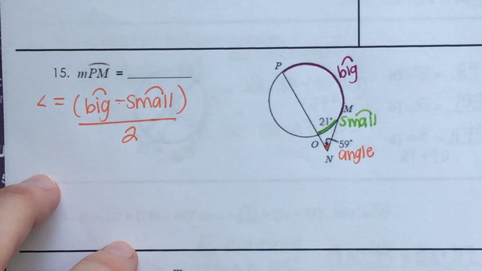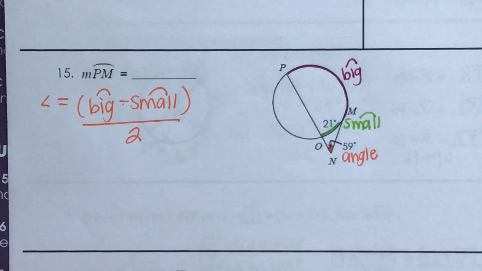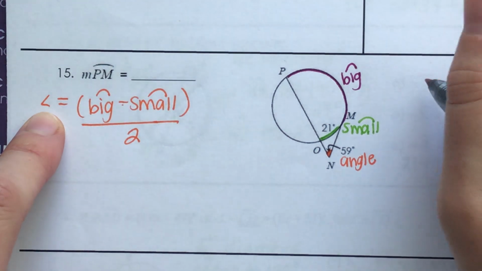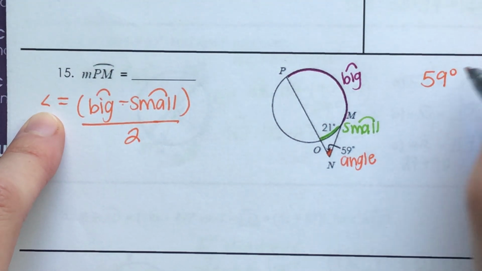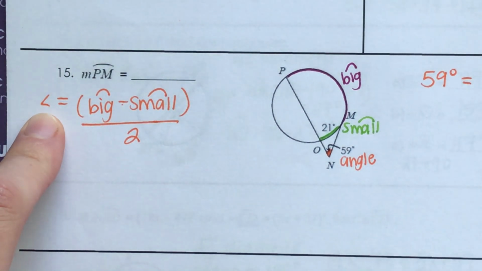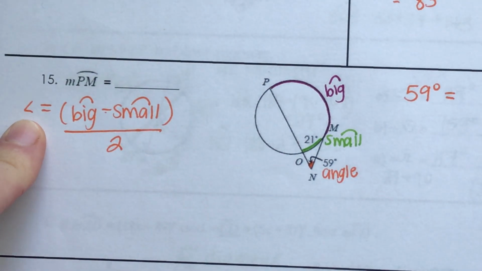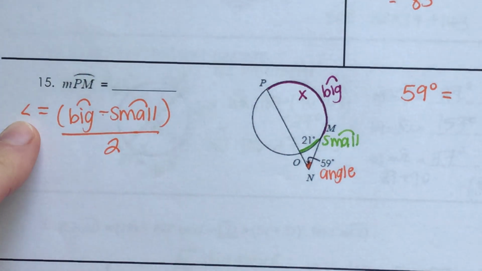So this time I'm going to be writing my equation a little bit differently. Okay, so angle equals, my angle is 59. Angle equals big arc, I don't know, so I'm just going to put an X there because that's what I'm going to try and figure out.